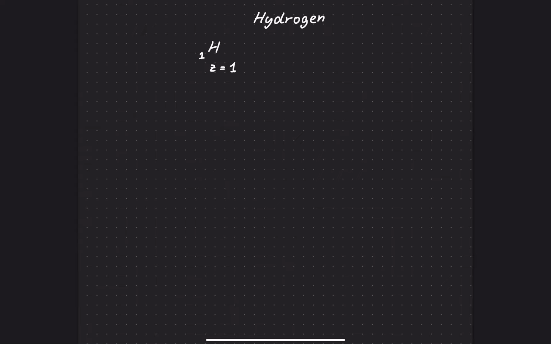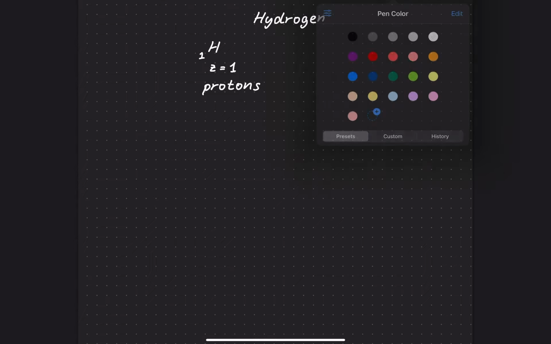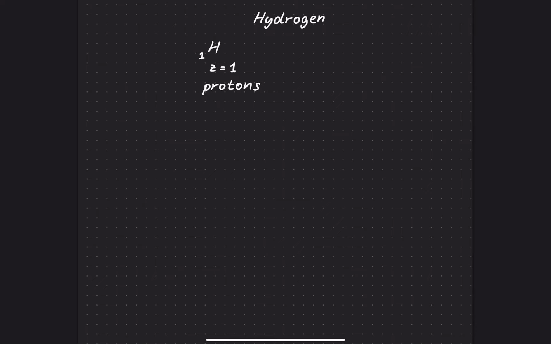Hydrogen has only one proton in its atom core. The proton can be symbolized with a small case letter p and a plus sign for its charge.